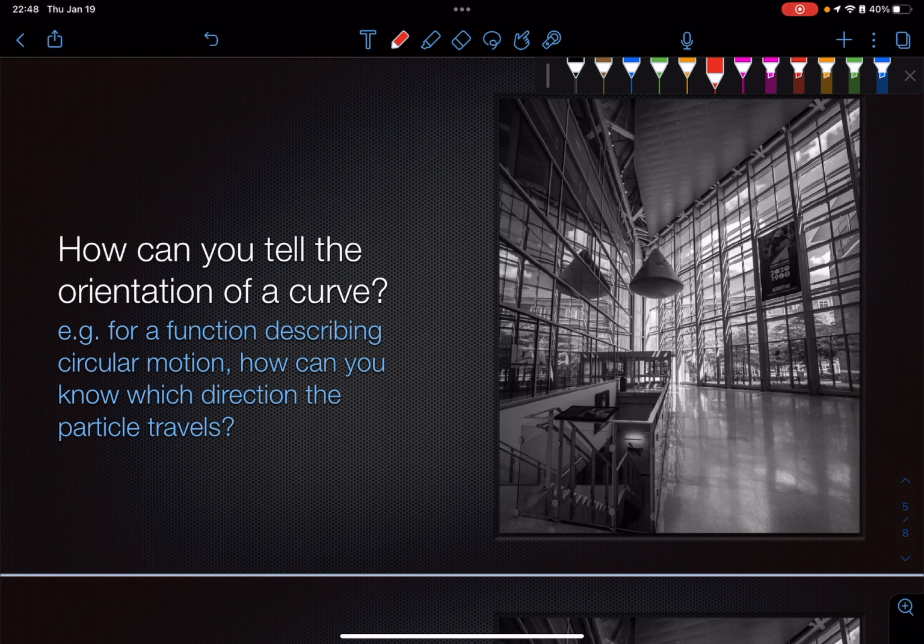But for me, I like to brute force through this type of problem. I'm just gonna plug points in. I find a few points, I plug them in, and I map them out on my 3D coordinates, or 2D coordinates for that matter, and then I can see where the particle is traveling, hence the orientation of the curve.